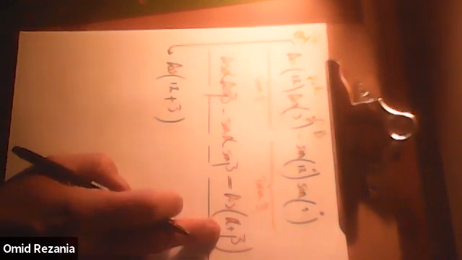And that term is going to be cosine of what? 12 plus 3. Because we have cosine of alpha plus beta, then I have cosine of 12 plus 3, which equals what? Cosine of 15. This is only one term.